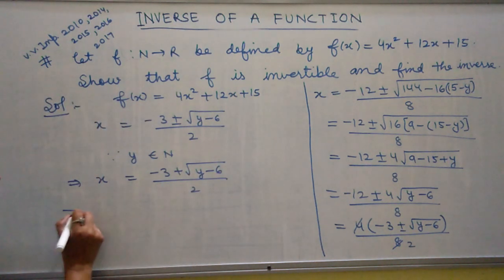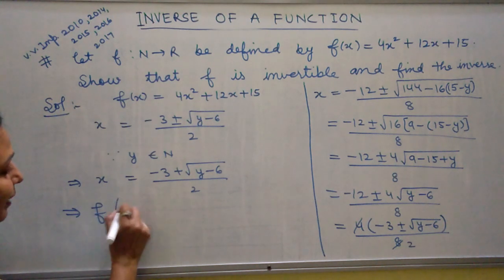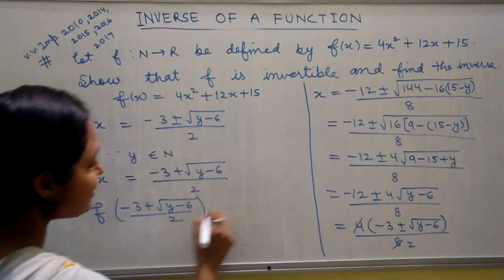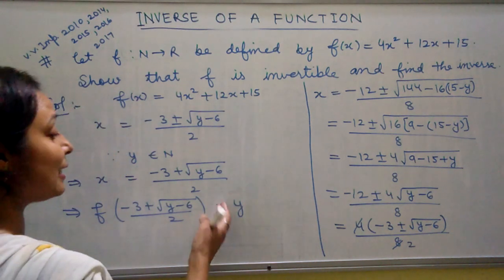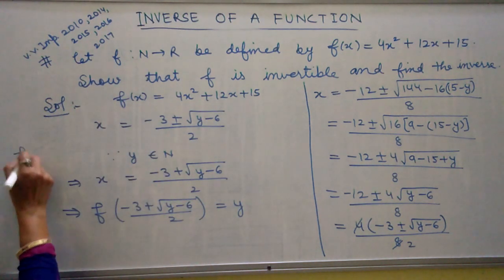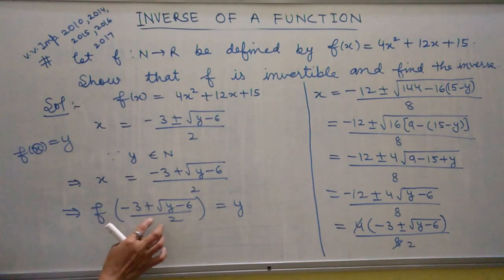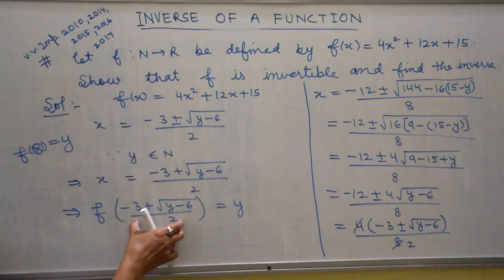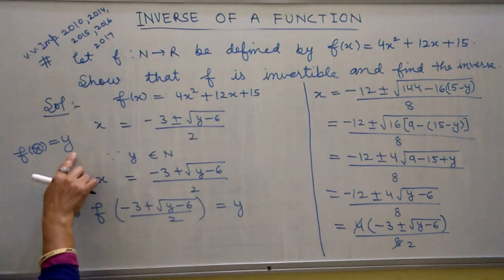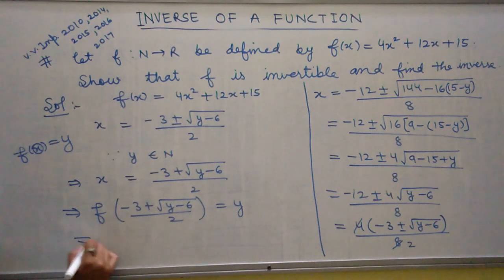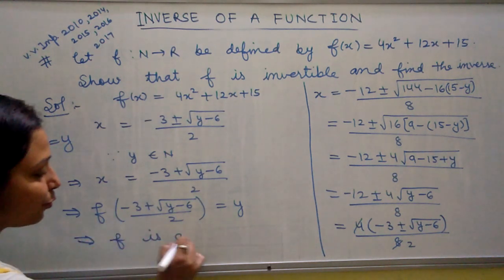That means f of this number, minus 3 plus under root y minus 6 upon 2, is y. I will replace the number which is given, f(x) is equal to y. I will replace this x by this value. That means if there is a y, its pre-image is also present in the form of y. That means f is onto.